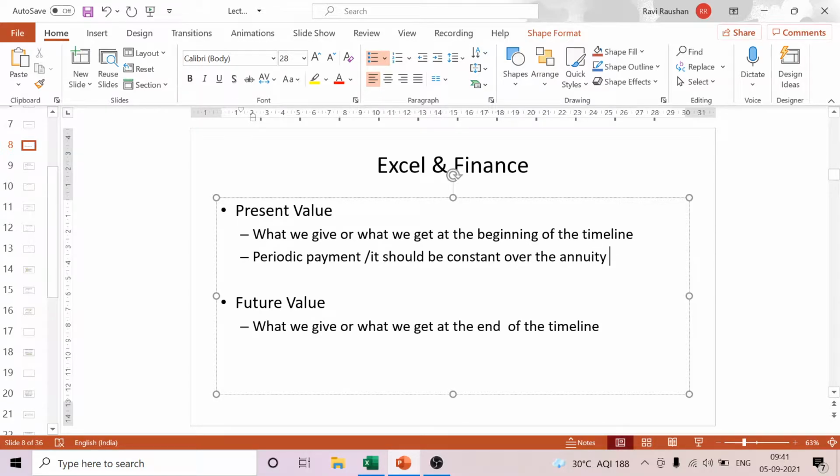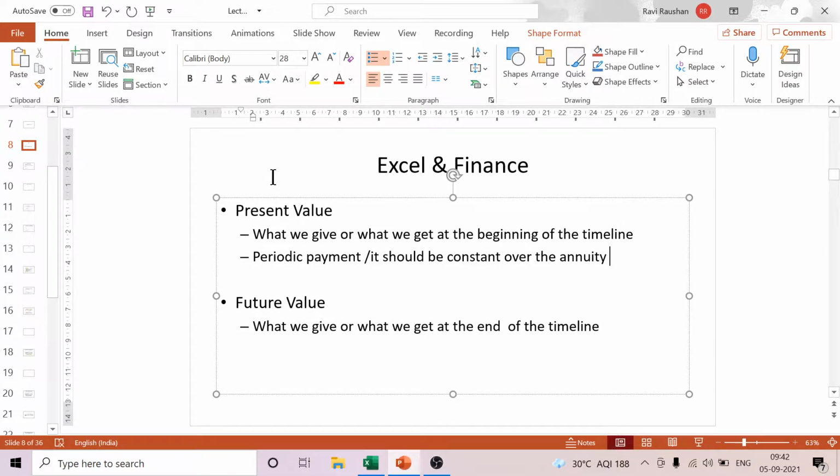If you have taken a loan, you may pay it back in installments, or you may be making an investment in a recurring deposit, where on a monthly basis you pay something. Or if it's an investment, many times, rather than getting everything at the end of the period, you may be periodically getting back the return on investment. So that is what the periodic payments we can do if you are making an investment, maybe, or you are taking something else.